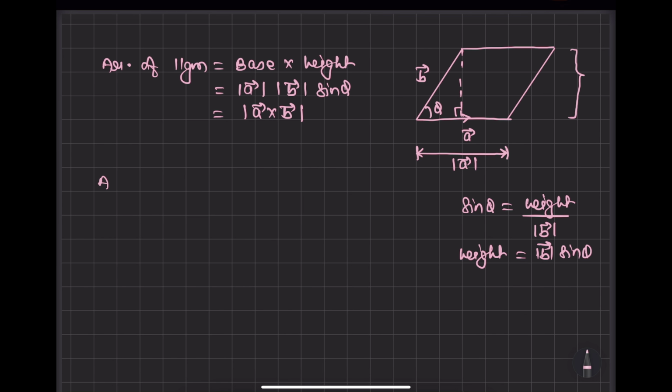And if I ask you to find the area of a triangle, you know that the diagonal of a parallelogram divides the parallelogram into two congruent triangles, and two congruent triangles have equal areas. So can I say that the area of the triangle will be A cross B by 2? So this is how we will find the area.